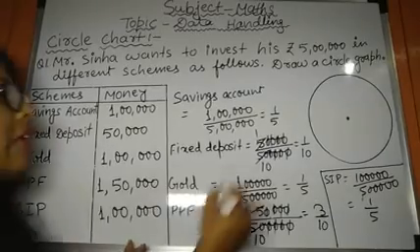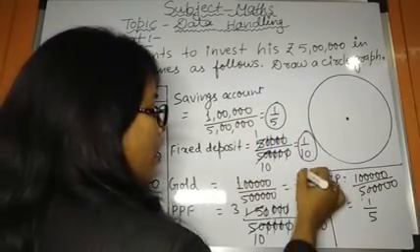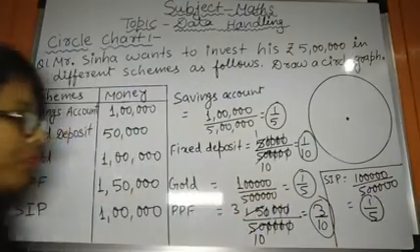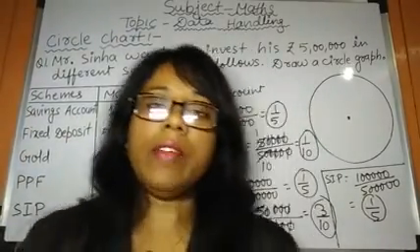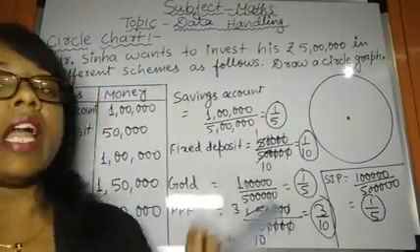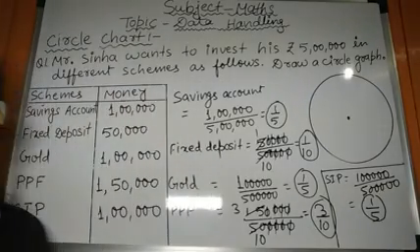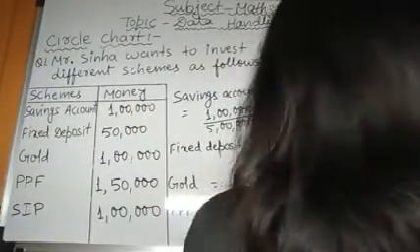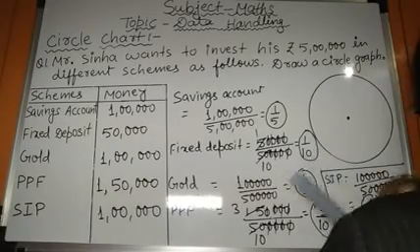Now we got the fractions 1 upon 5, 1 upon 10, 1 upon 5, 3 upon 10, 1 upon 5. So what will we do? First of all, we will divide this circle into 10 equal parts. How can we divide it into 10 equal parts?